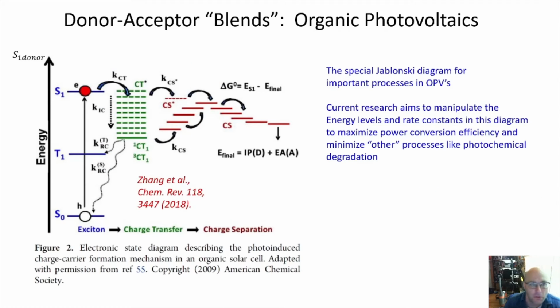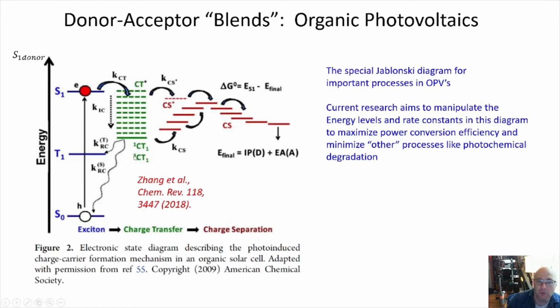And so this is a picture of the Jablonski diagram for an organic solar cell that shows sort of the complexity of the electronic states that you have to think about when you're thinking about how they work. And so we've got a situation where we've got an S0 to S1 transition that makes the S1 exciton in our, say, donor material in the blend. And then at the interface, there's a possibility to create CT-type excitons, and these are shown in green here.